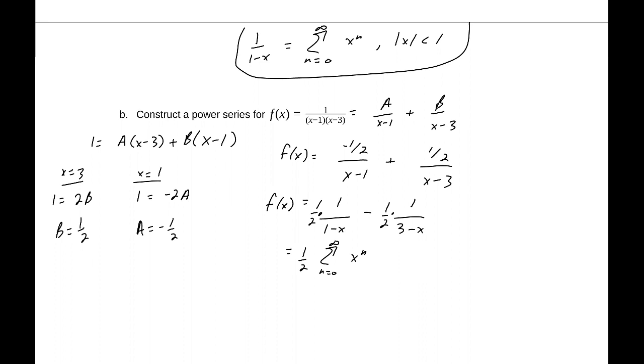Let me continue a little bit of scratch work here. This right here is 1/2. And if we take out a 3 as well, that'll be 1/6 times 1 over 1 minus x over 3. So this will be minus 1/6 times the sum n equals 0 to infinity of x over 3 to the n.